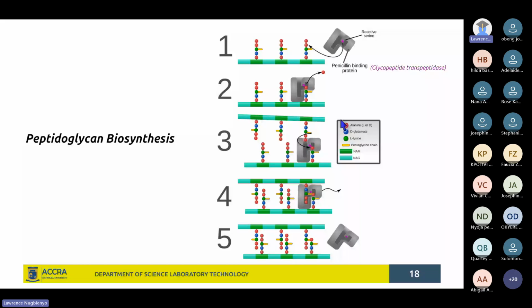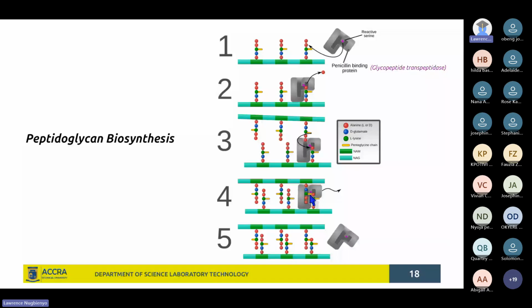Blue is glutamate or glutamic acid. Green is lysine. And then the peptide linkage formed between them is a pentaglycine chain that is yellow. So if you look at this key and see which color represents what, you can easily understand that there is a peptide linkage forming between alanine and lysine.